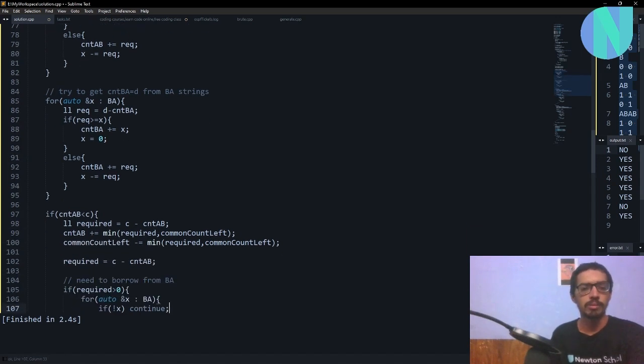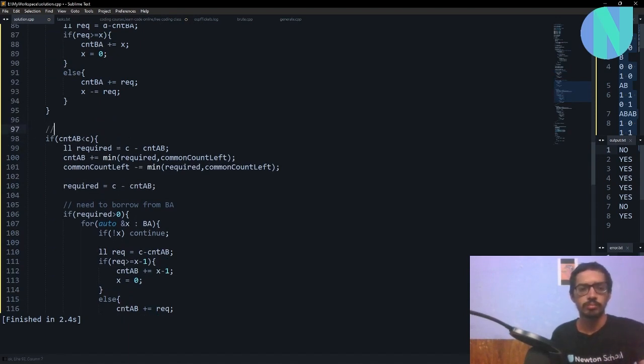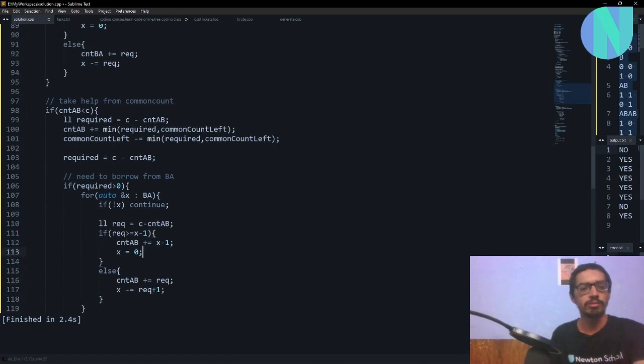Otherwise, if my count AB is less than C, I need to take help from common count. So I will take help from common count, and still if it's not enough, now I need to borrow from BA.